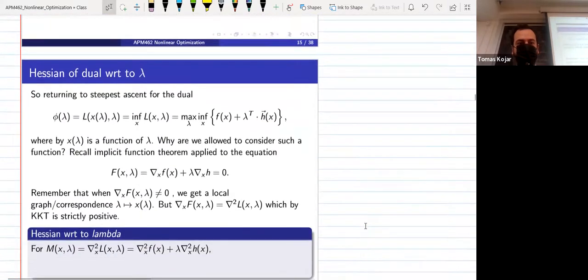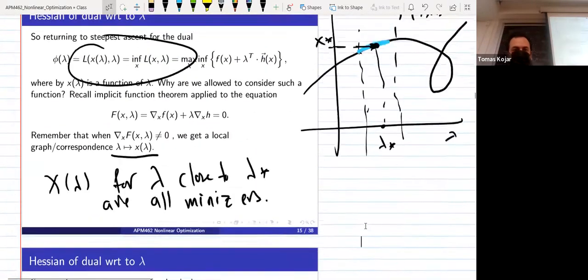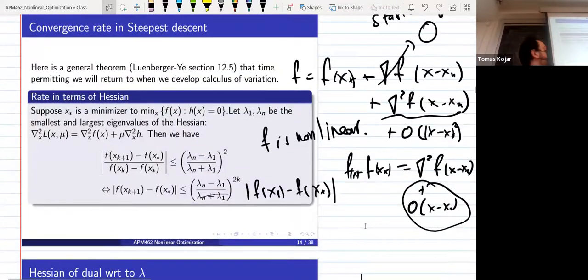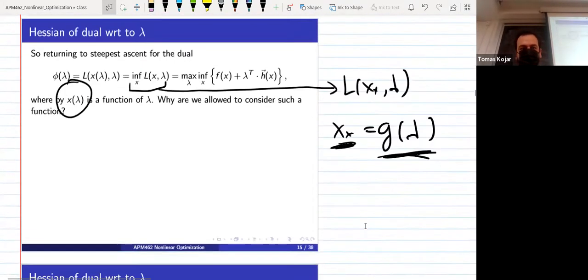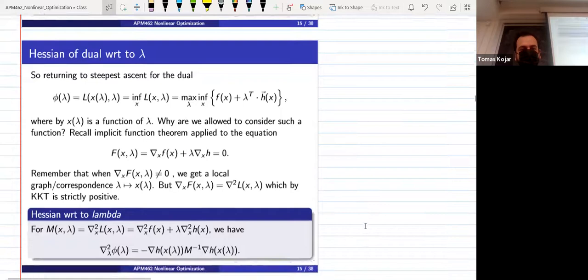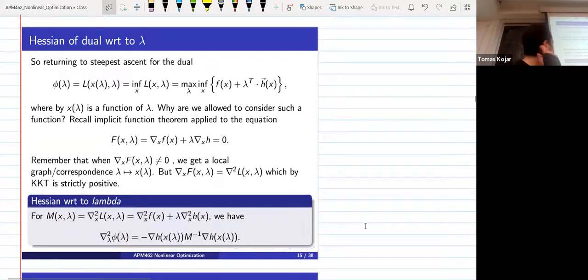Again, the question was find the rate of convergence of steepest descent for the dual problem. So again, I'm applying steepest descent to the dual problem. I need to find the rate, but to find the rate, I need the Hessian of the dual, right?